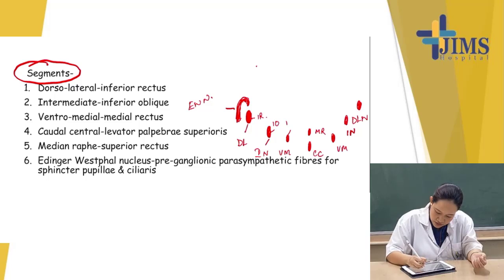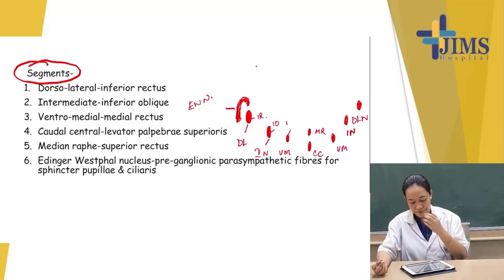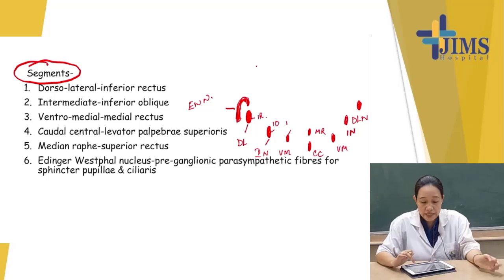So, this is the preganglionic, this is postganglionic, and here we have got the ciliary ganglion. So, this is about the deep origin of the oculomotor nerve.